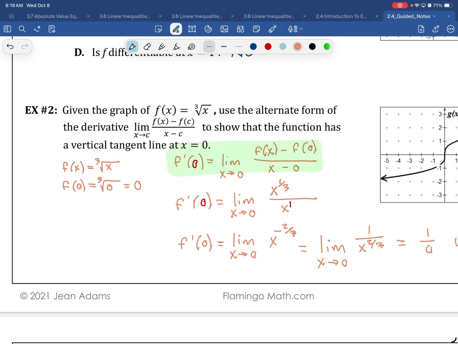But we are finding the slope of the tangent line at an x value of 0. I have multiple ways I can phrase that question, right? I can say find the tangent line at an x value of 0. That means a is 0 or c is 0, however you want to look at it. But you're not confined to certain letters, right? You get to use whatever letter you want.